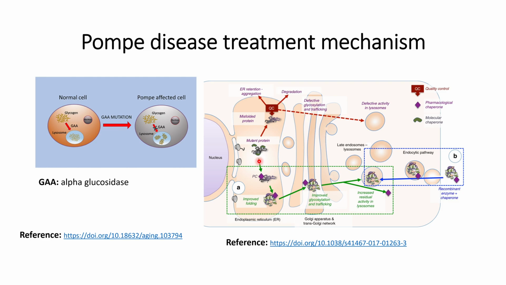And when the protein is not able to acquire its native structure, the quality control mechanism of the endoplasmic reticulum will either let that protein continue in the endoplasmic reticulum for an extended duration of time, and even after that, if the protein is not able to acquire the native structure, it will be directed towards degradation. So this GAA protein, most of the time in case of Pompe disease, is directed to degradation, since it is not able to acquire its native structure.